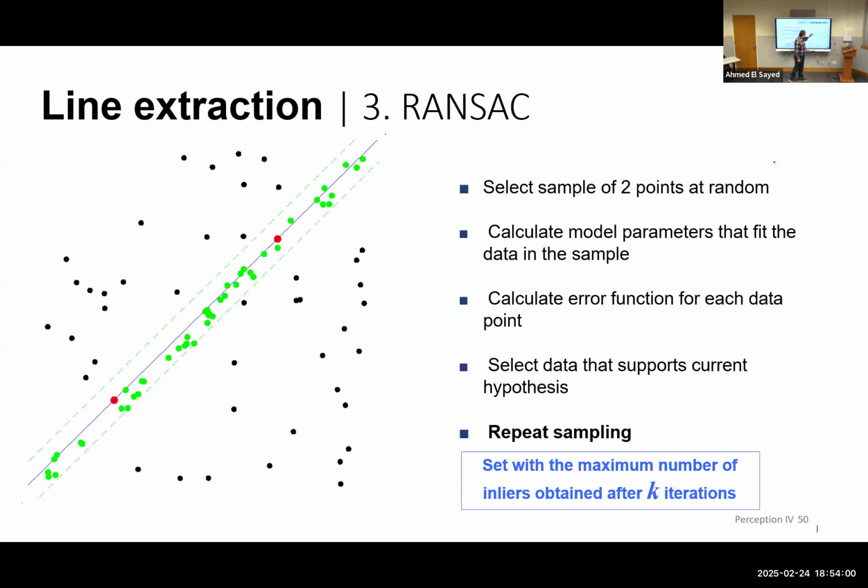In this case, if you calculate the value of the points and the error within this, you will find it is the minimum one. After a specific number of iterations or a specific number of samplings, which I said is thousands, I will find that this one is the minimum. So this is the correct line.